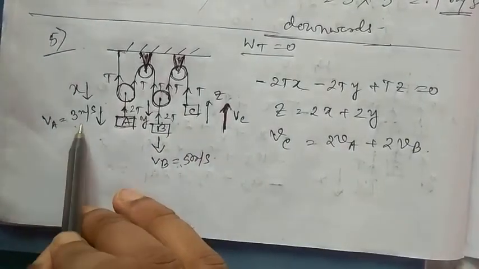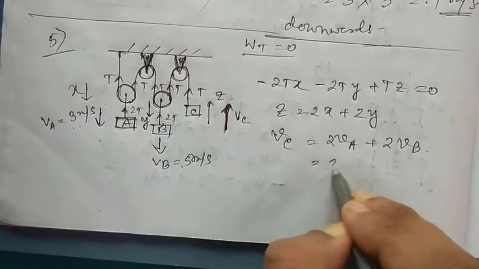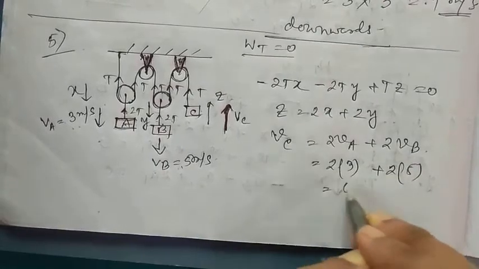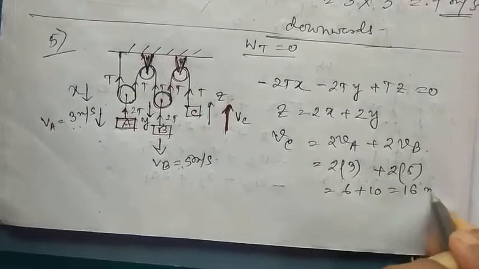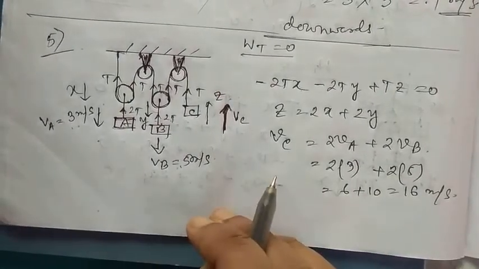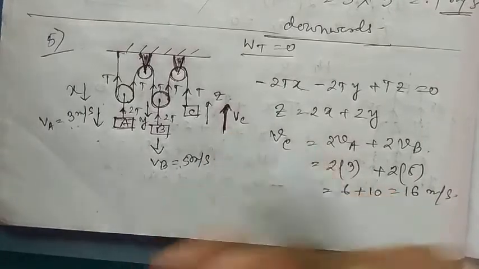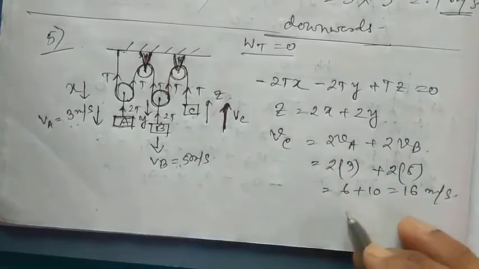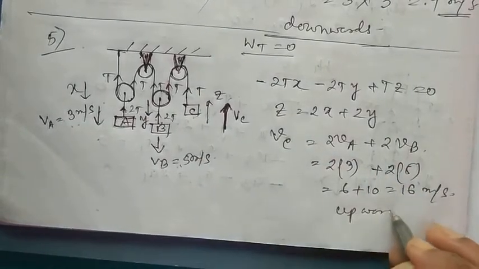Now Va is 3 meter per second downwards. We replace Va by 3, we replace Vb by 5. So 6 plus 10 means 16 meter per second, and we have already assumed or proved the fact that the block C will always move upwards. So 16 meter per second upwards.